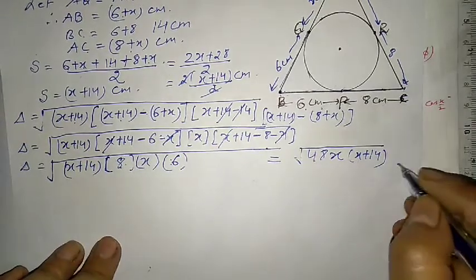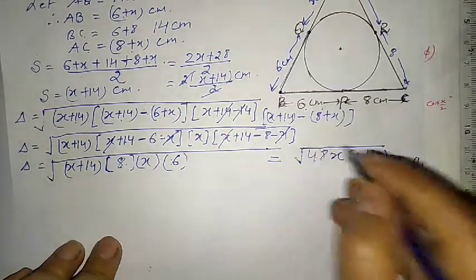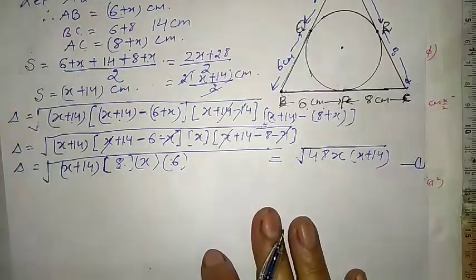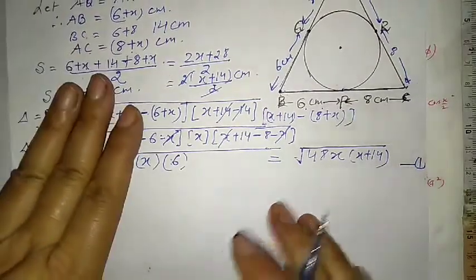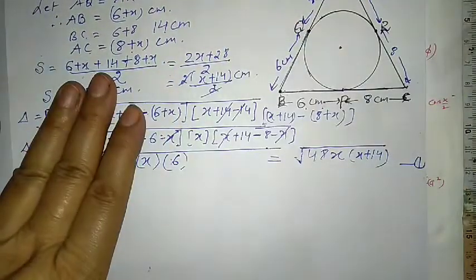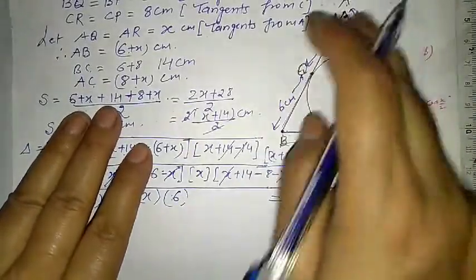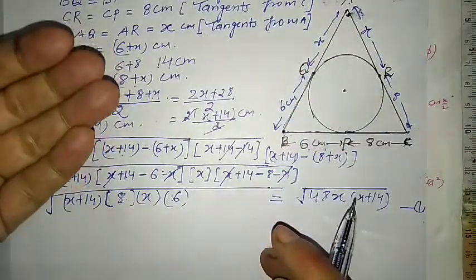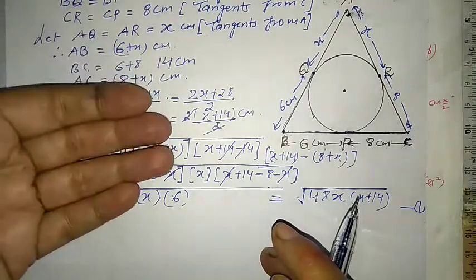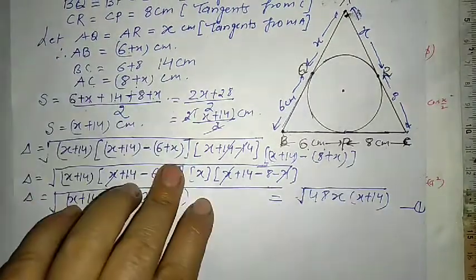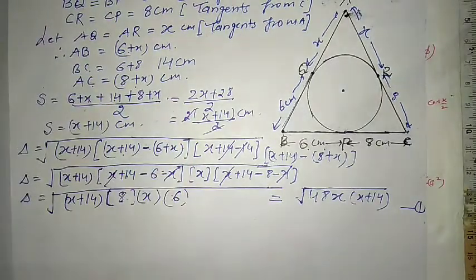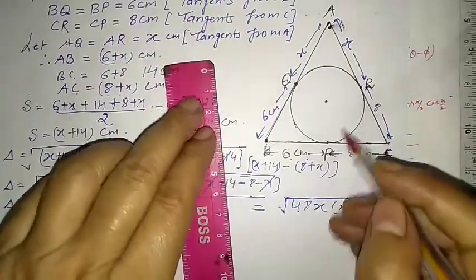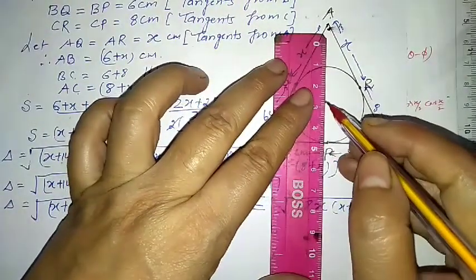So suppose this is the first equation. Okay. Now we have found the area of this triangle with the help of Heron's formula. But to which do we have to compare this? For that, what we will do here, we will join the contact points. This is the radius.